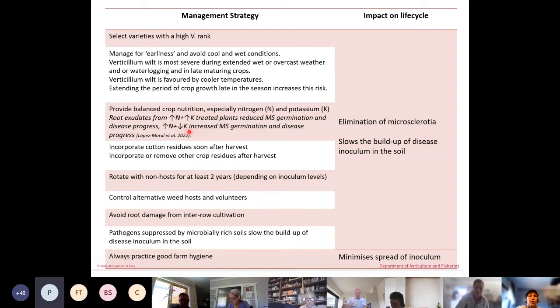But I just wanted to highlight some of this research, and that there's a lot of work being done overseas, and they're actually now understanding the impact of those nutrients, and they're showing it's in the root exudates coming from the host plant, and therefore how important that balance is. And of course, always practice good farm hygiene, and this is all about minimising the spread of inoculum.